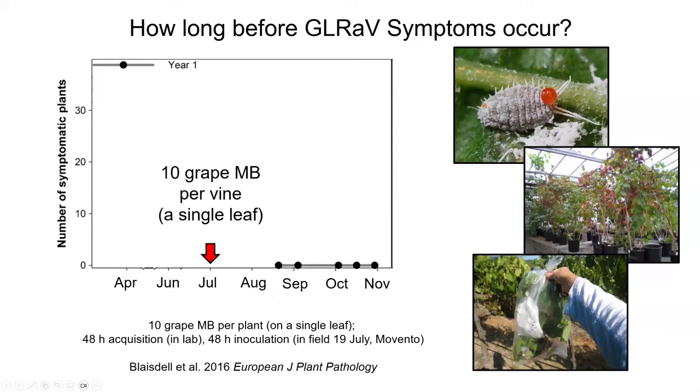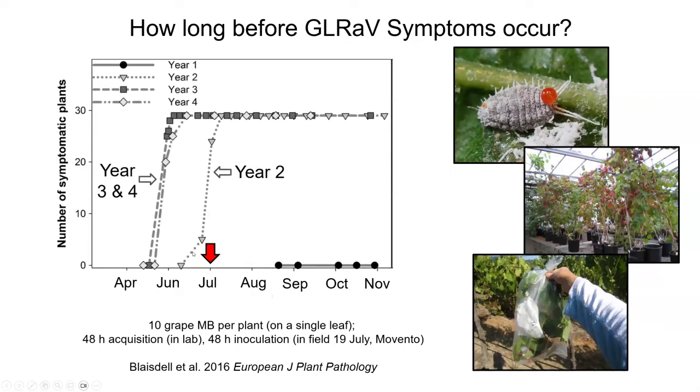After a 48-hour acquisition, we took those insects, mostly first instars, we just cut off the leaves, and we took it to the field and we put them onto a single vine. So 10 mealybug first instars, 48-hour acquisition, 48-hour inoculation. We then treated that vine with pesticides frequently, so we knew it was our inoculation. We did this around the 1st of July, and we saw no symptoms that year.